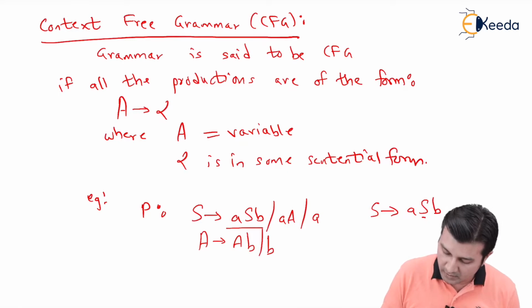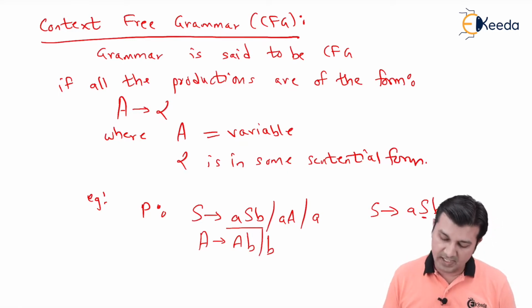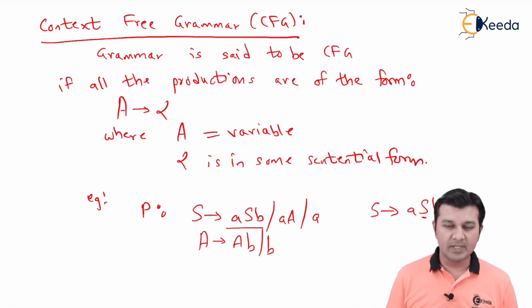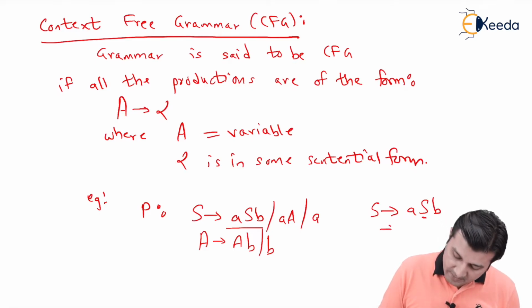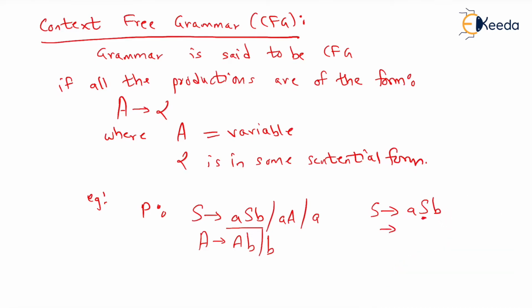So in S arrow ASB, that S can further derive something, which can be ASB, small a capital A, or small a. Let's say this time S gives small a capital A, and everything before and after it remains the same.